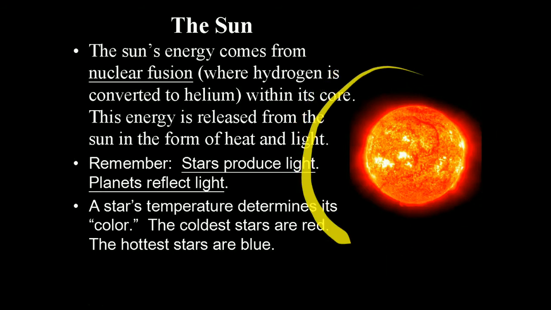The sun's energy comes from nuclear fusion, where hydrogen is converted to helium within its core. The energy released from the sun is in the form of heat and light.